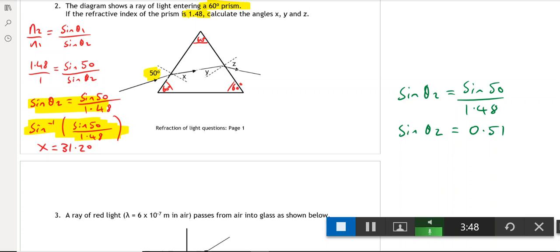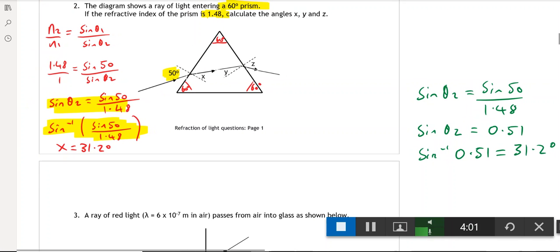Therefore, to get the angle, we do sine inverse of 0.51, which gives us our answer of 31.2 degrees. So you can skip this working by going to this step here, inverse sine of sine 50 over 1.48.